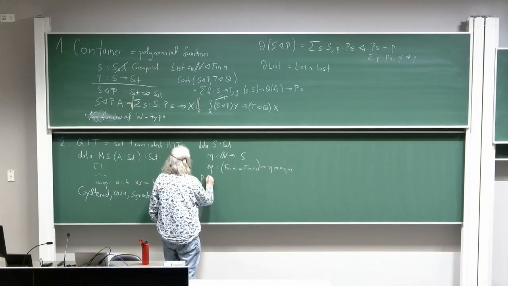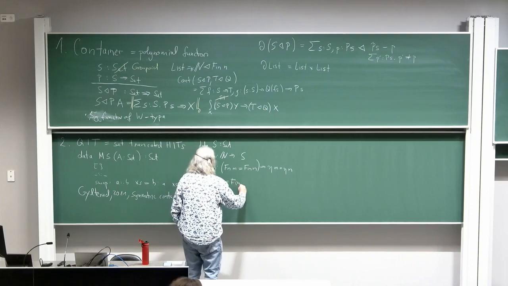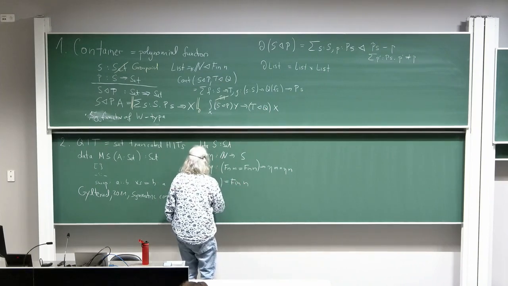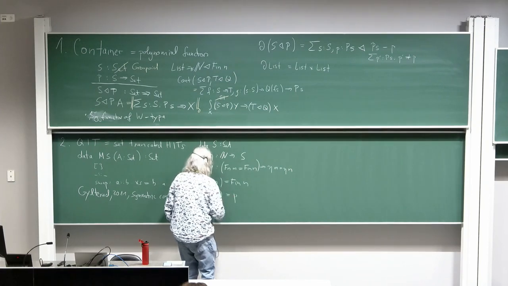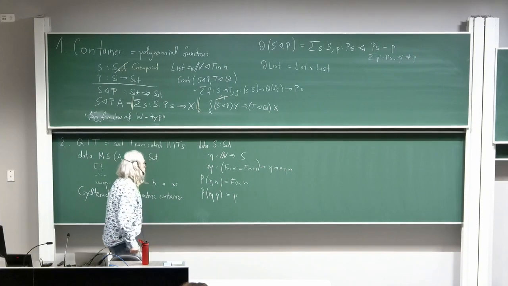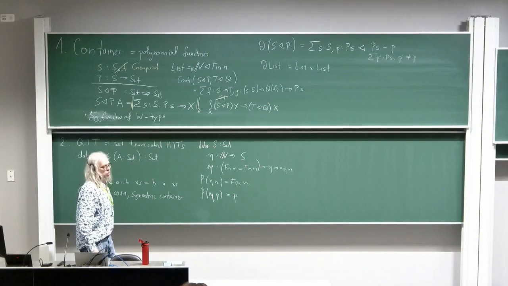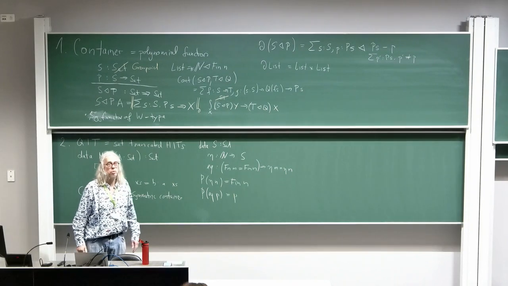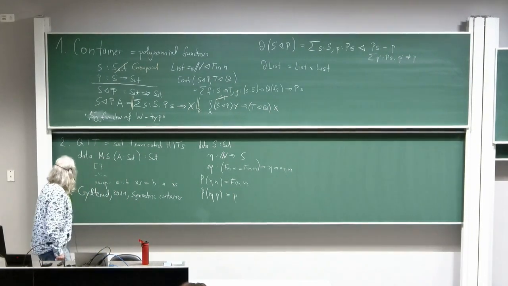The positions of eta of N is Fin N, and the positions of EQ of P is just P. So that's one way to define this groupoid of symmetry groups in HoTT or cubical Agda.